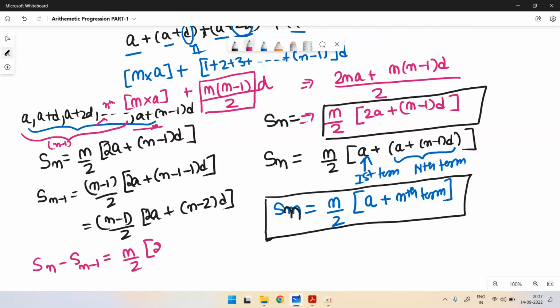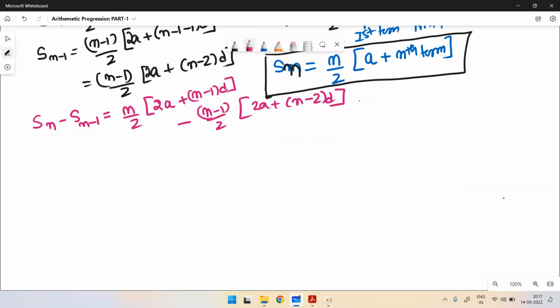This is n by 2 of (2a plus (n minus 1)d) minus (n minus 1) by 2 of (2a plus (n minus 2)d).